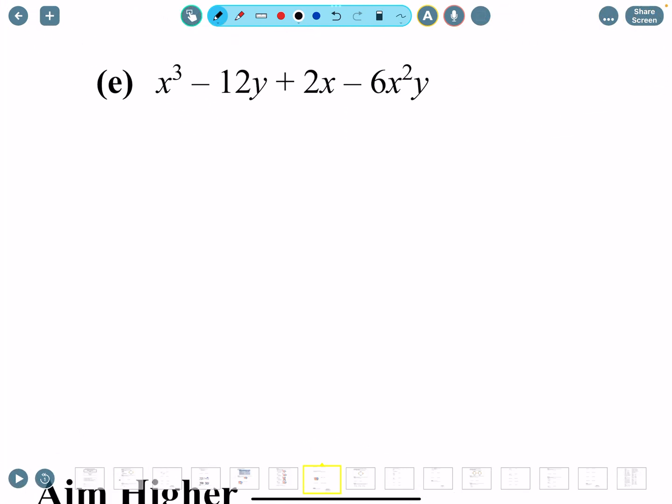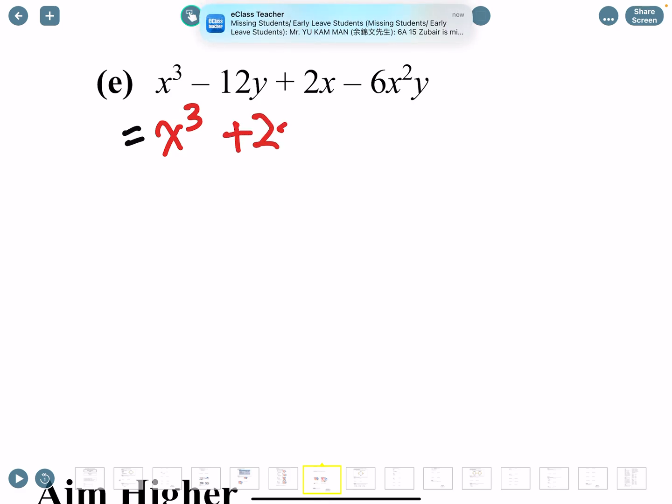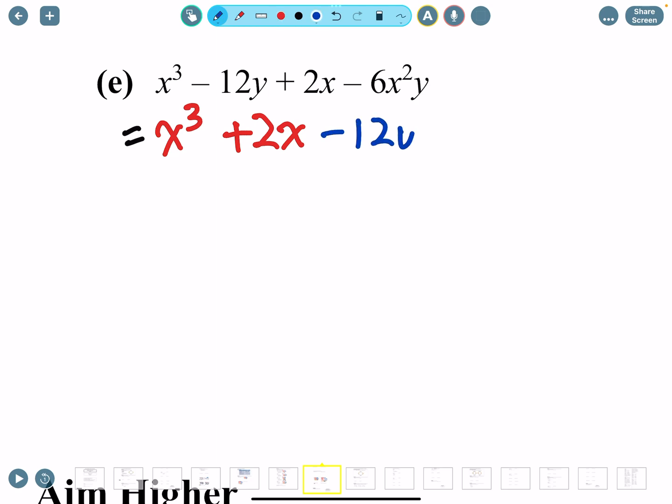Question E. Okay, question E. We have x cubed, and maybe I'm going to combine it with 2x, okay? Just something in common, 2x. Now for the right one, it's going to be negative 12y minus 6x squared y.